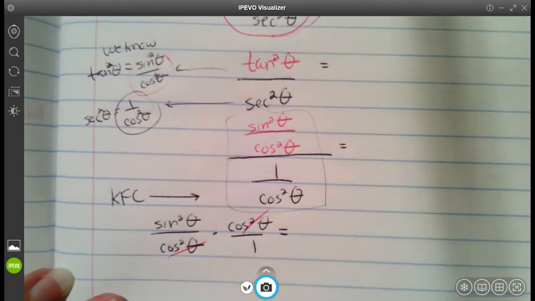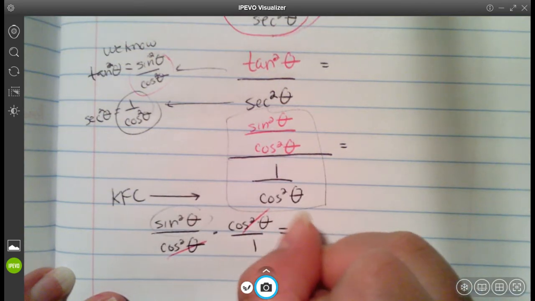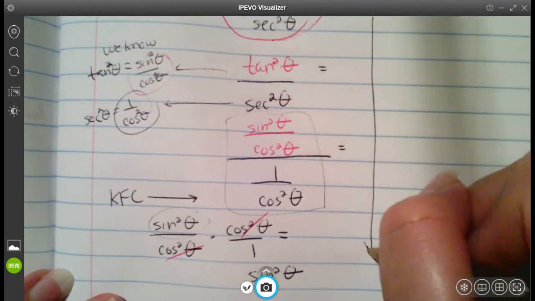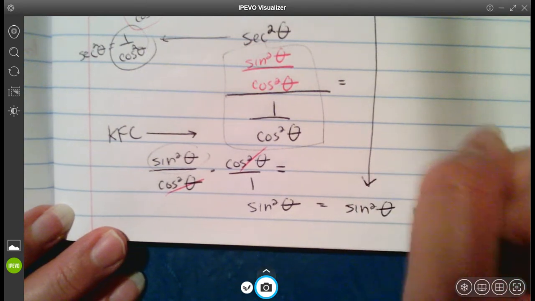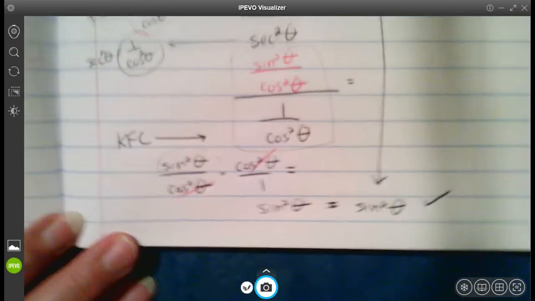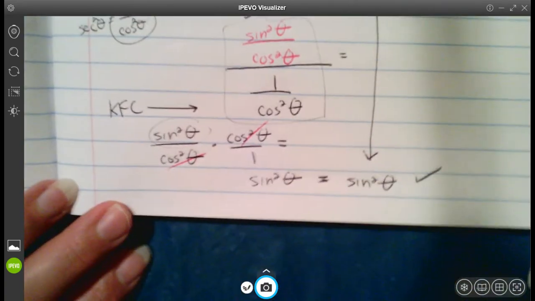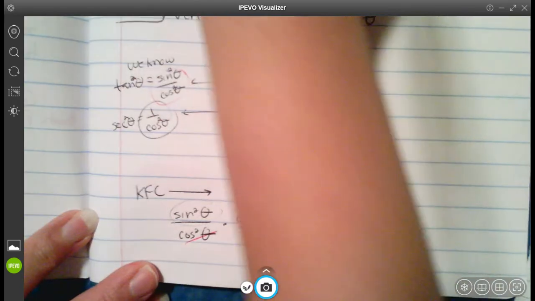These are gone, and we're left with just sine squared theta over 1, which is what I was trying to prove way up here. And we have proved equality, meaning that the original is equal to this, using identities. I'll go ahead and zoom out to the whole problem. Well, kind of the whole problem.